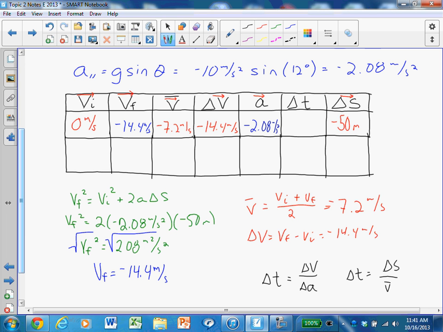So delta T is 14.4 divided by 2.08, 6.92 seconds. If we did it this way, we'd have delta S, which is 50, divided by average velocity 7.2, which is the same thing. Neglecting a little bit of rounding, 6.9. Oh, just A, sorry.